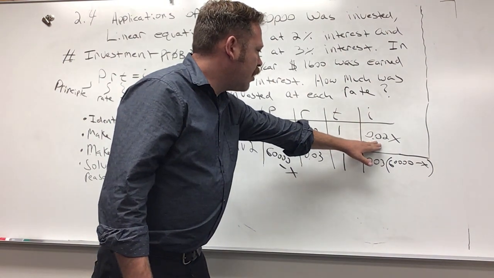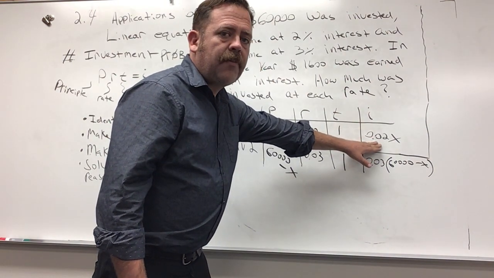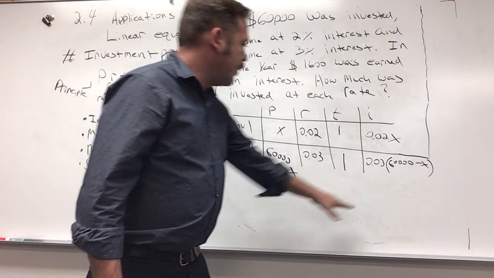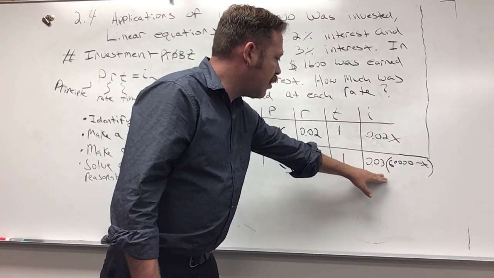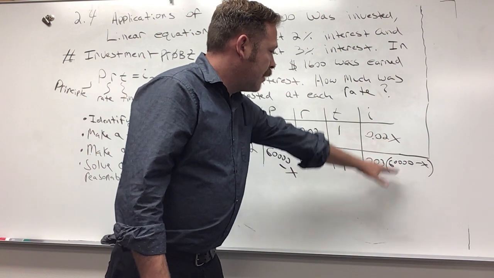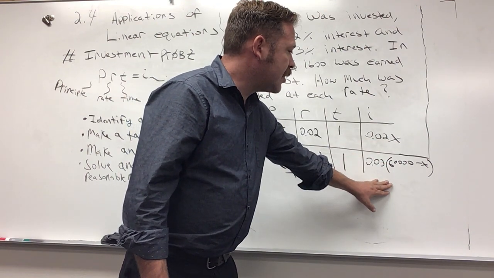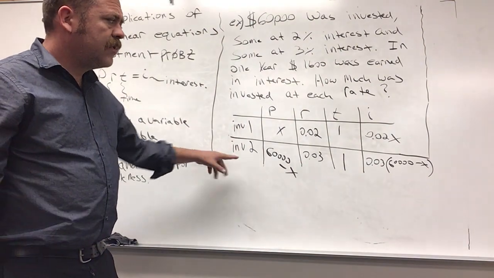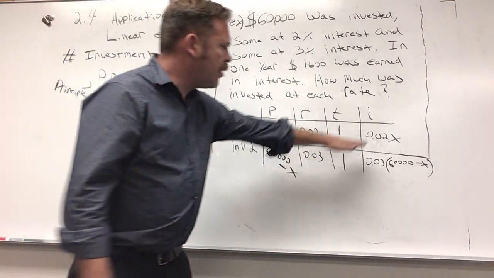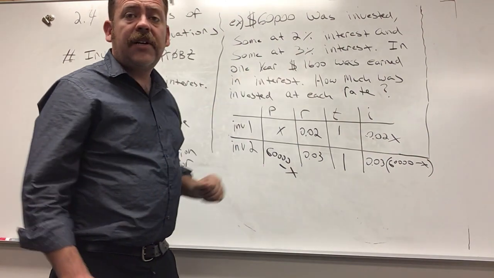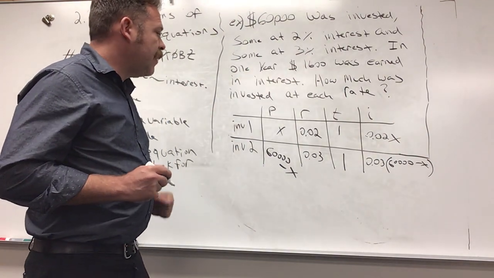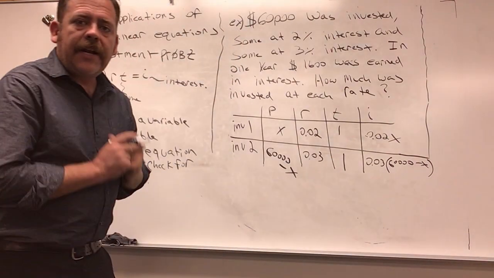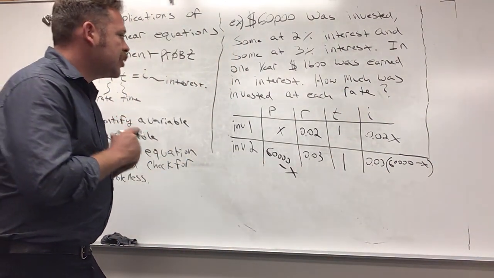This box here, this 0.02x, represents the interest earned from my first investment. And this box here that says 0.03 times 60,000 minus X, well, that represents the interest earned from investment number 2. Now the total between the both of them is going to add up to 1,600. So that's how we're going to make our equation. I'm going to add this box plus this box and equal it to 1,600 and solve.